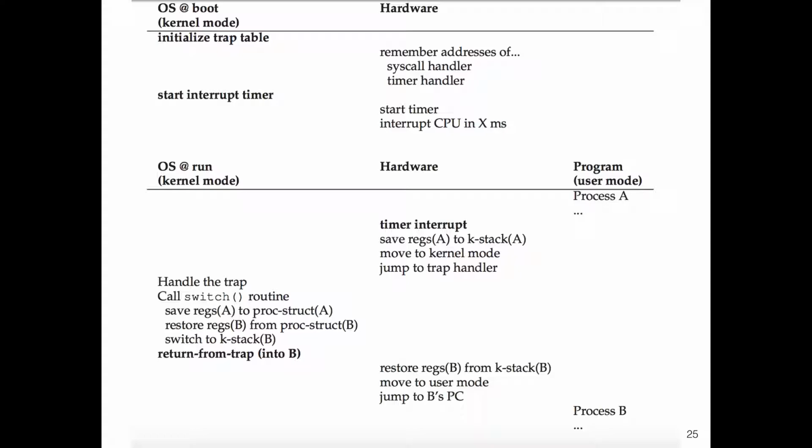Now, if you want to execute B, you have to switch from kernel stack A to kernel stack B, and then you restore these registers, move to user mode, jump to the program counter, and then execute. Does this answer your question? So it's a structure for maintaining the different parameters corresponding to a different process.